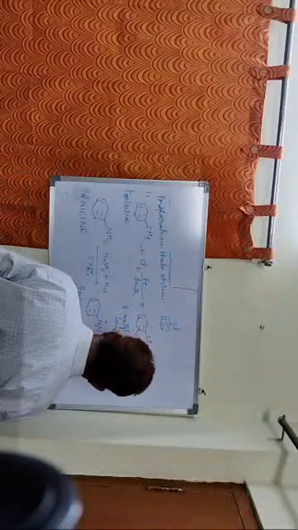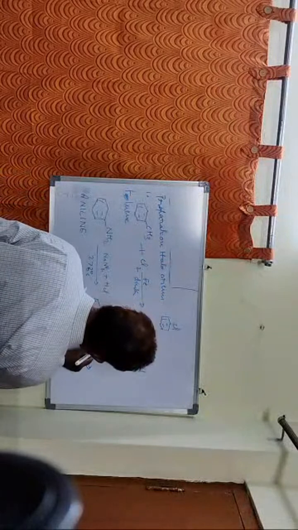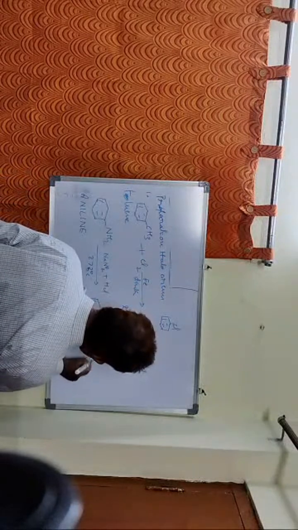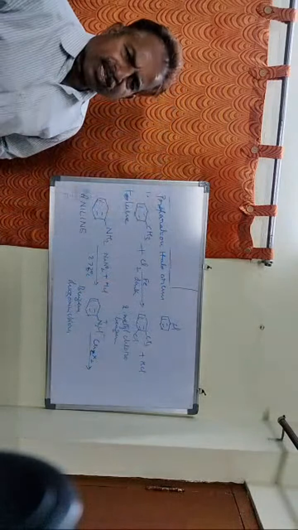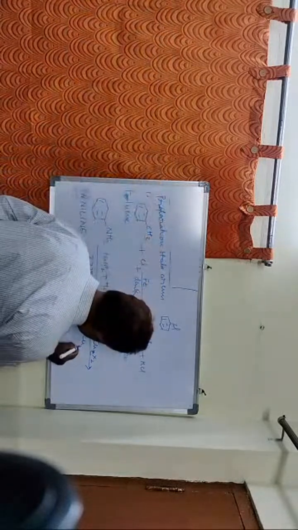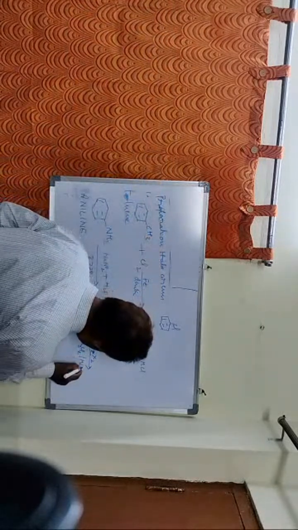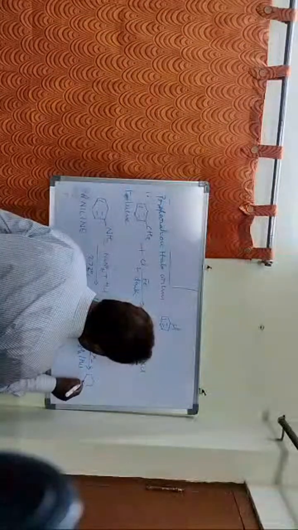Okay. Now this is treated with Cu2X2, that is a cuprous halide. Suppose if you take Cu2Cl2 in the presence of HCl, what do we get? We get chlorobenzene, plus nitrogen is removed.